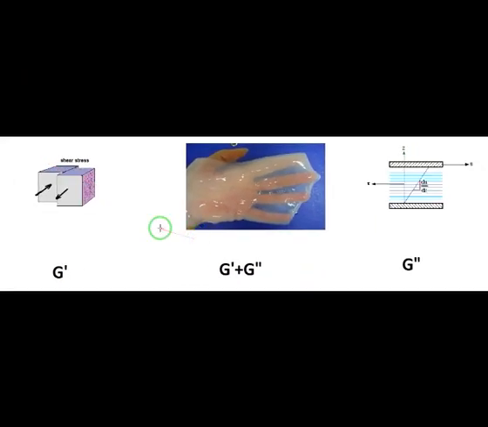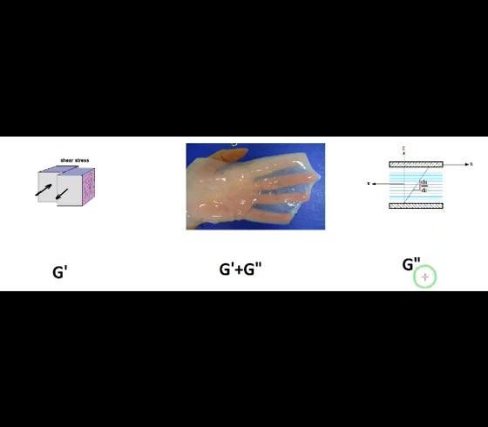Okay, let's have a look at this picture. You see here that for a solid, when a stress is applied and a deformation strain is obtained, the relation between them, let's name it G prime. So this is the modulus. On the other hand, you know that a liquid is a material which cannot resist the shear stress, so it will deform easily.